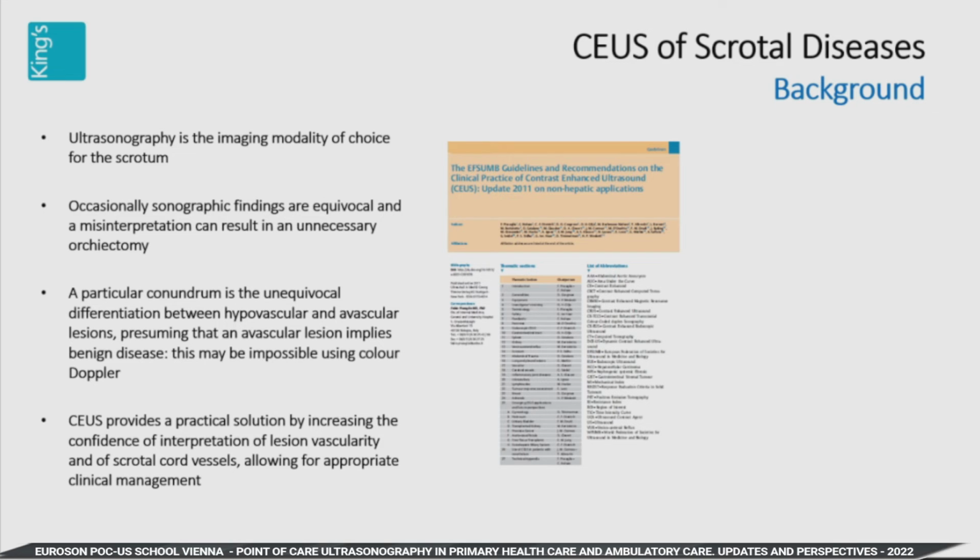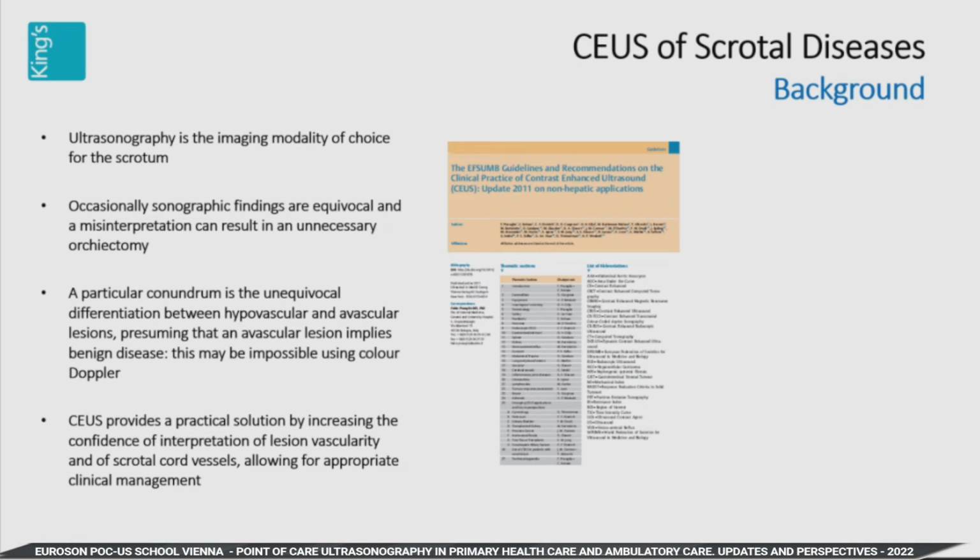And occasionally when you're doing this, and particularly when you're seeing patients with symptoms not related to what you find, you get an equivocal lesion that you don't know what it is, but your ultimate aim here is to try and make that diagnosis of what it is to prevent that patient losing that testis.